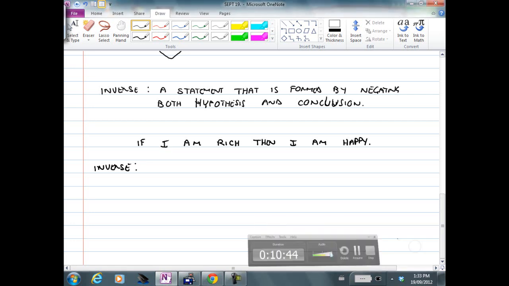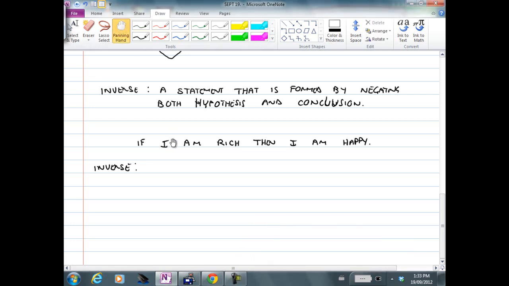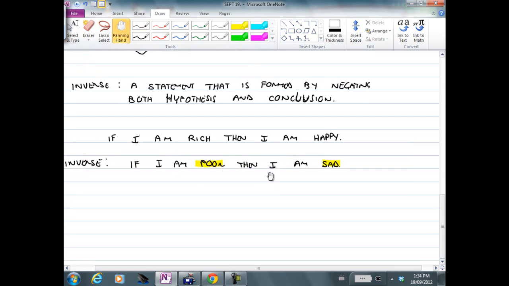Good luck. See, in inverse, I'm not flipping anything around. I leave it the way it is, and I'm going to rewrite it. If I am, now some of you say not rich is poor. For example, if I am poor, then I am sad. See, notice I changed this around. You can say not rich or poor, it's up to you. Now, Kyla, is the inverse true or false? The inverse is false.